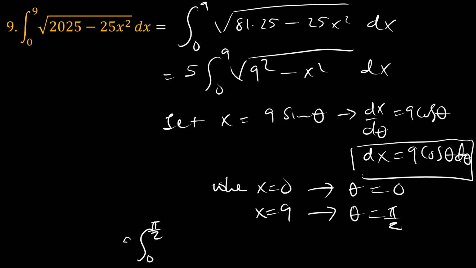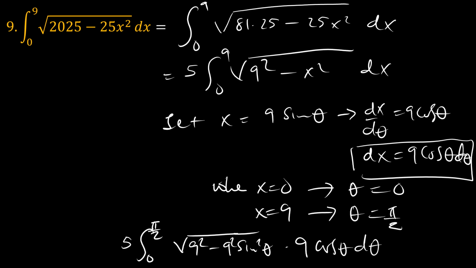We have 5 out here, and then we have 9 squared minus 9 squared sine squared theta times 9 cosine theta d theta.